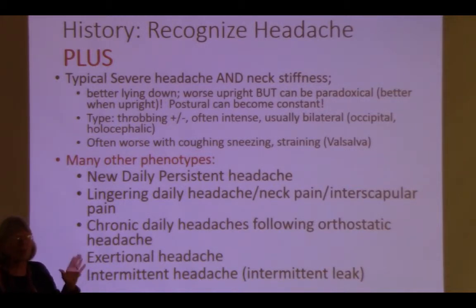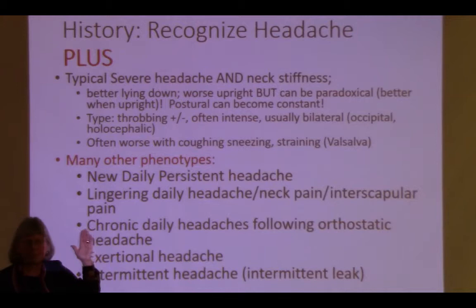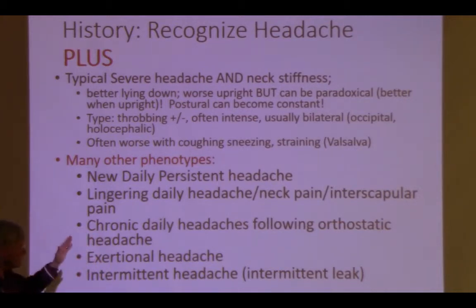After you have this for a long time, it doesn't matter if you're down or up. It's there all the time. But at the beginning, a typical headache is upright, it's bad, lying down, it's better. It can be throbbing, so it can sound like a migraine. It's often intense. It can be bilateral, it can be occipital, it can be anything. And it gets worse with coughing, sneezing, straining, or having a bowel movement.